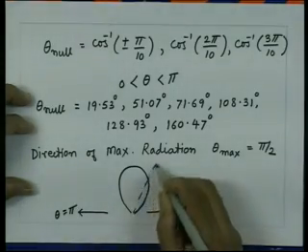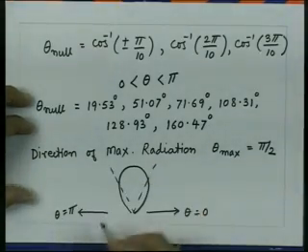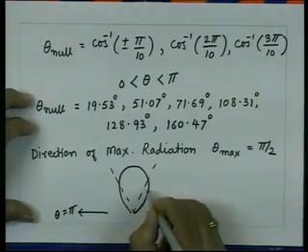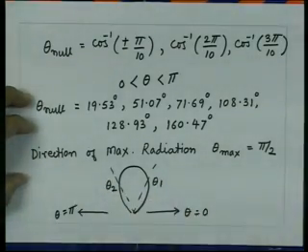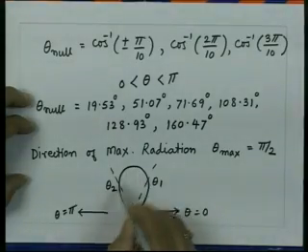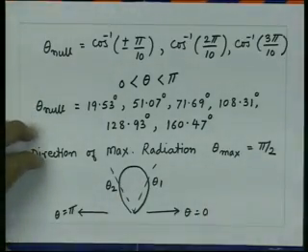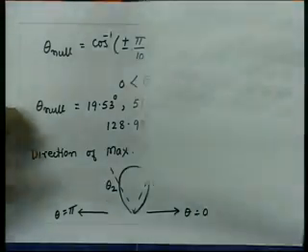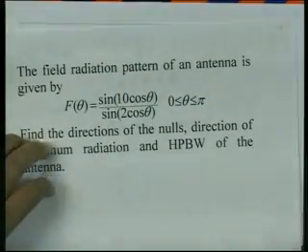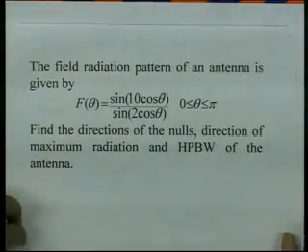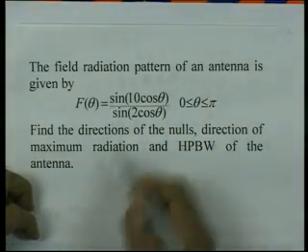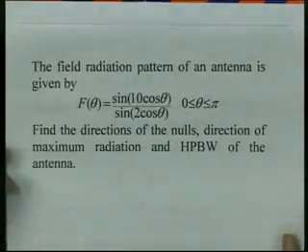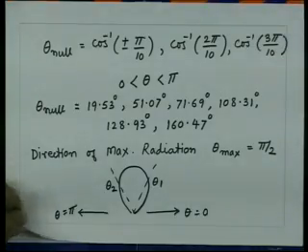So we have to find out now the half power beam width. That means we have to find out these two angles. This is angle theta 1 and this is angle theta 2, at which the field reduces to 1 over root 2 of its maximum value. So, first we have to find out the maximum value of this expression, and since at theta equal to pi by 2 this is 0 by 0, essentially you have to calculate this by taking a limit when theta tends to pi by 2.